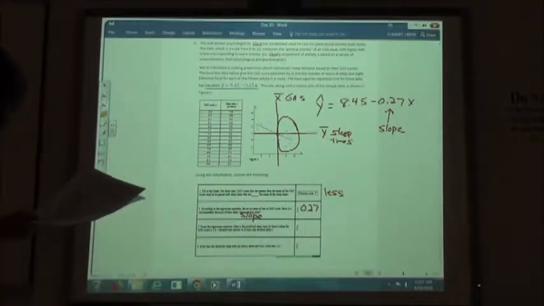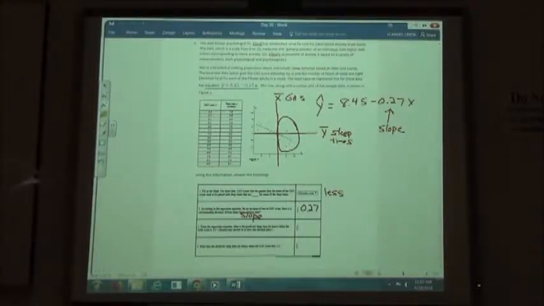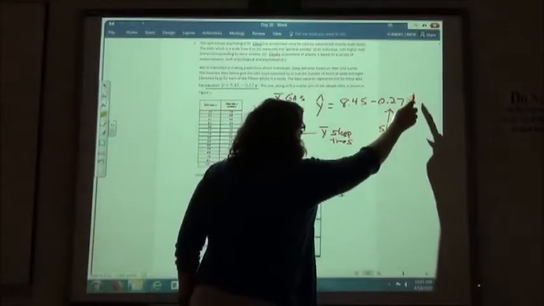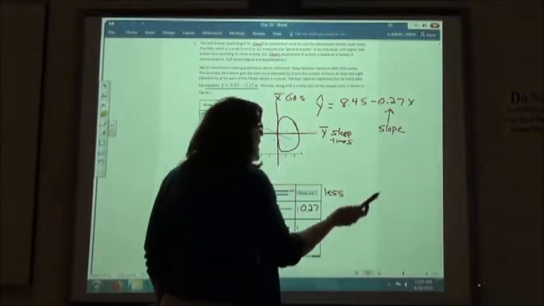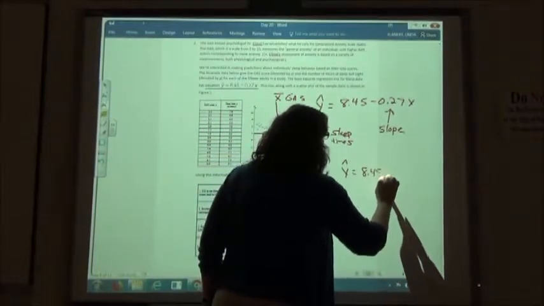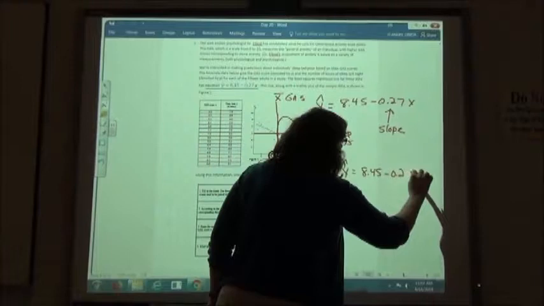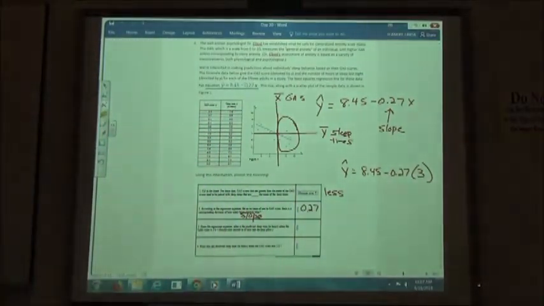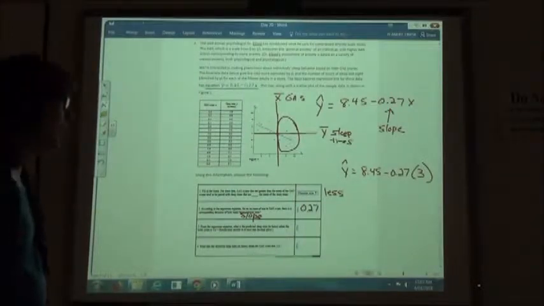Number 3, from the regression equation, what is the predicted sleep time in hours when the GAS score is 3? What we're going to do is use our regression equation, put 3 in for X and calculate that. Y hat is equal to 8.45 minus 0.27 times 3. This one says round your answer to at least 1 decimal place.